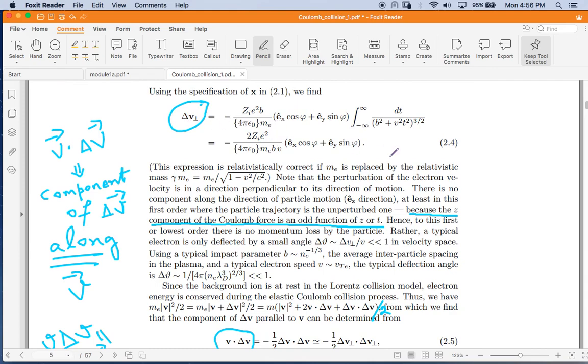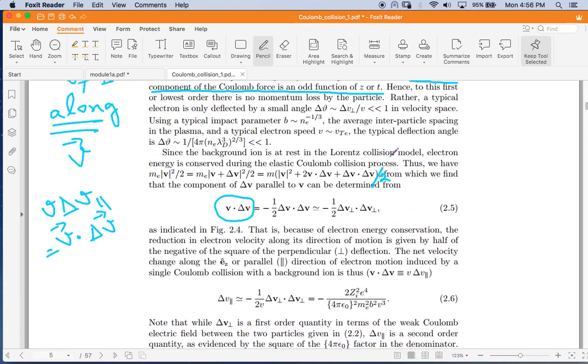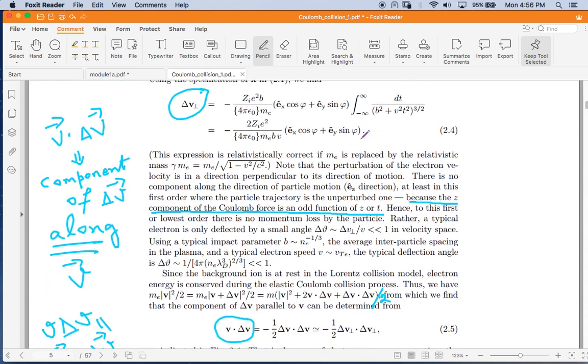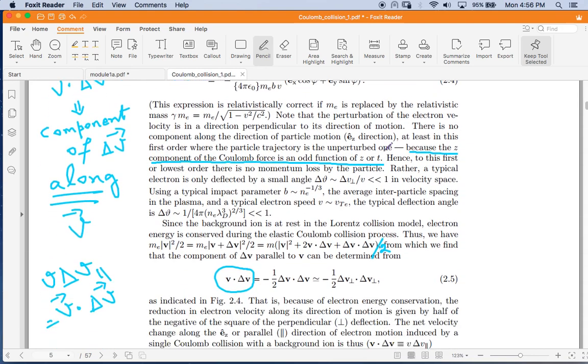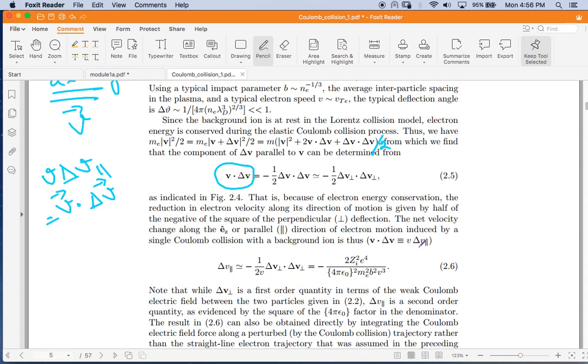And this guy, of course, goes away simply because cosine squared phi plus sine squared phi is 1. Okay, so there you have it. And Callan says that you can see that there's a second order term from the presence of two factors of 4 pi epsilon naught.